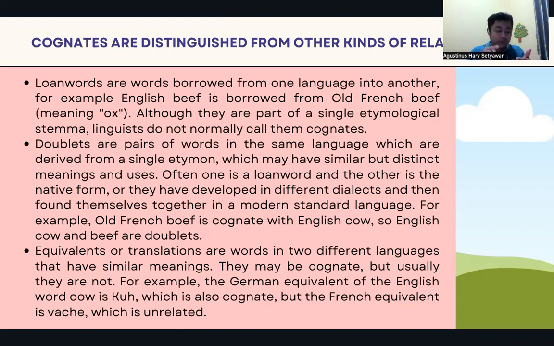You need to know about doublets here. And also you need to know about equivalence or translation. So you need to differ the cognates from loan word, doublet, and equivalence. Ya, jangan sampai keliru.